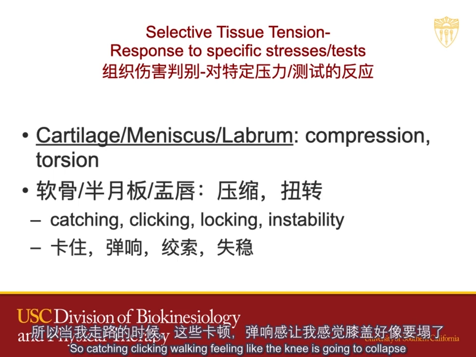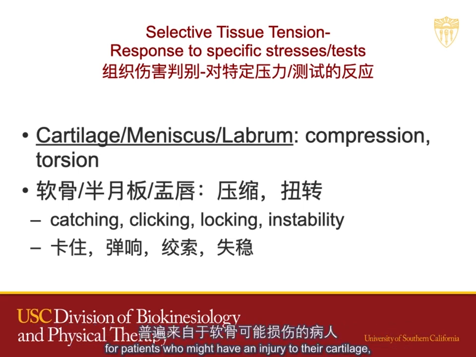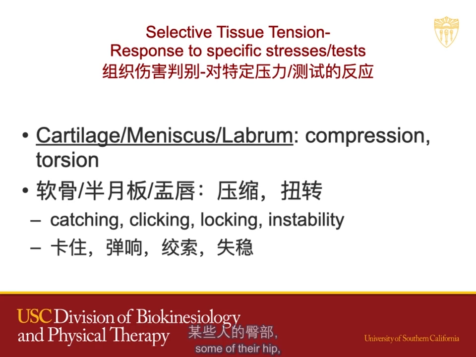So catching, clicking, locking, feeling like the knee is going to collapse. All of those things are things that are generally described for patients who might have an injury to their cartilage, possibly their meniscus or their labrum of their hip, the labrum of their shoulder.